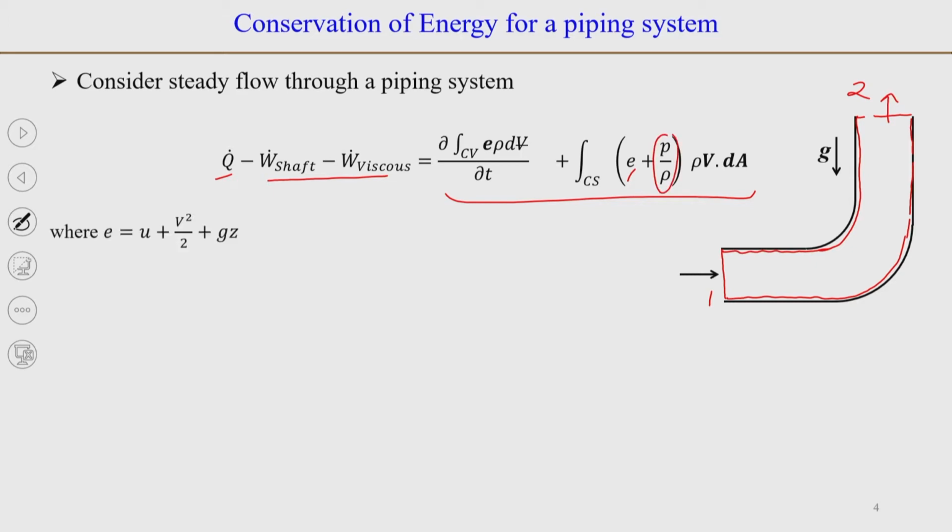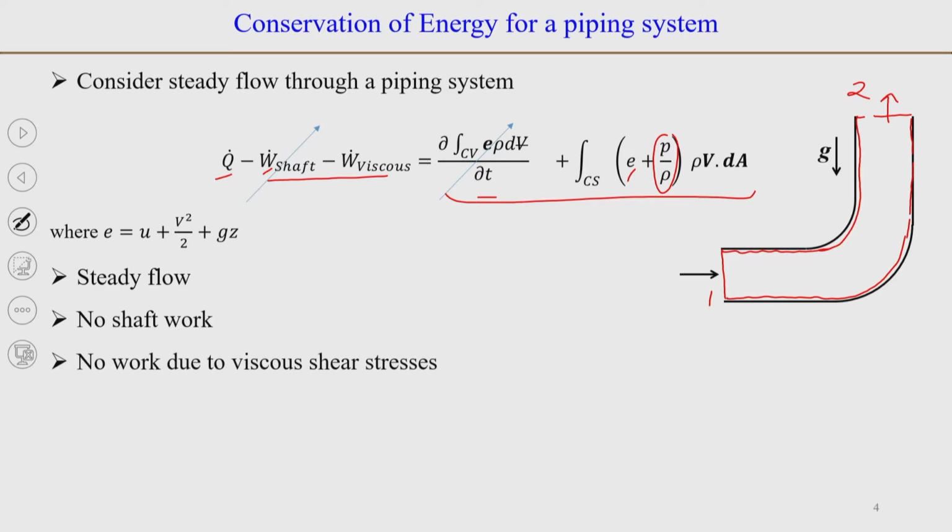If we consider the flow to be steady, then this term will go away. Again, with no shaft work, this term will go away too. And because the velocity at the boundaries of the control volume is 0, the work due to viscous shear stresses will again be 0.